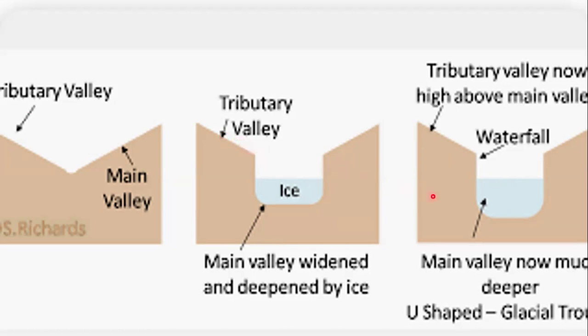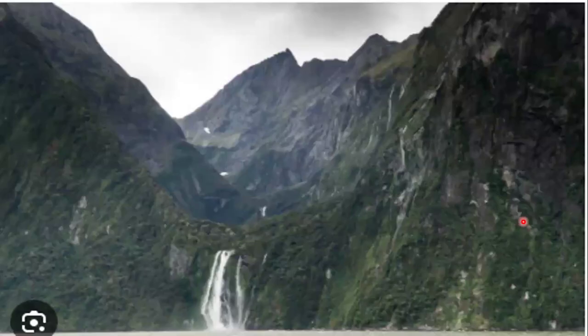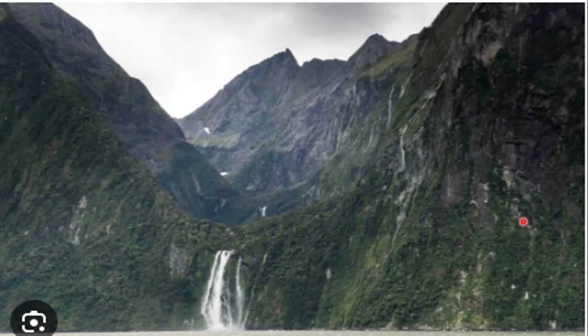After a long period of glaciation, the tributary valley is left at a higher level than the main glacier valley. The tributary valley appears to be hanging over the main valley. After melting of ice, the stream flowing in tributary valleys falls abruptly into the main valley, forming waterfalls.